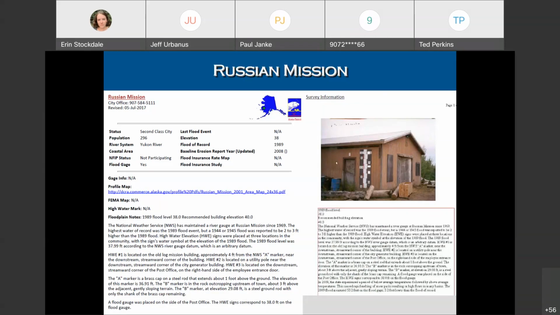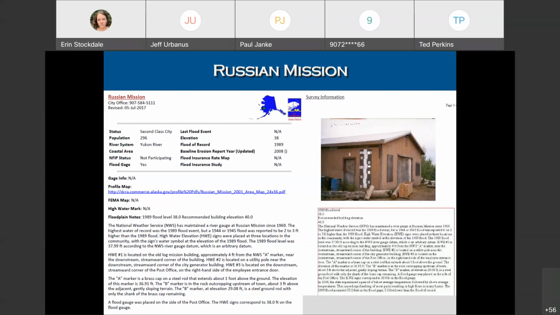And a lot of these communities down in this lower Yukon area have that as what they build their schools to, because that is the place that people go to if a big flood occurs, that they know is going to be above the flood.